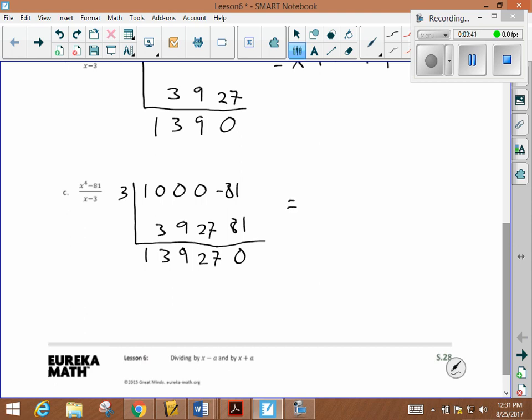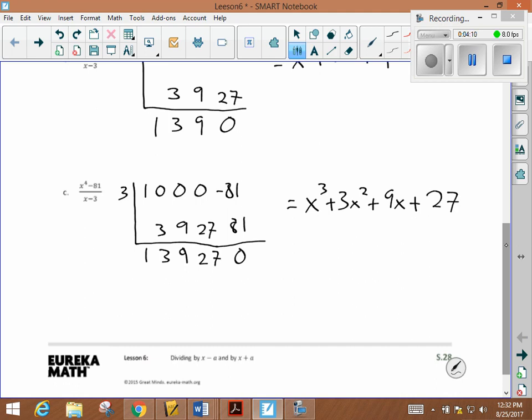First of all, our numerator had degree 4, so we start with degree 3 for our quotient. So we'll have x cubed plus 3x squared plus 9x plus 27.